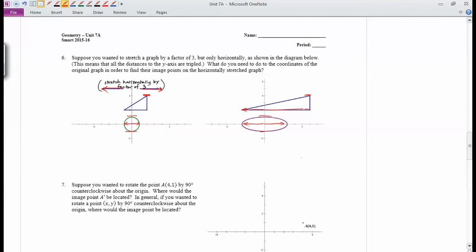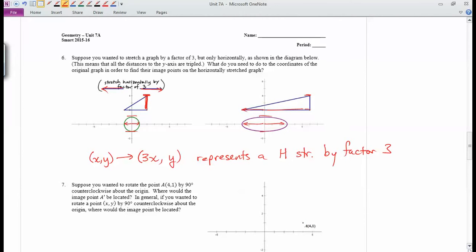So really when you want to stretch something out just in the horizontal direction, the only thing that's going to change are your x values. The y's stay the same. So I'm going to make all my x's 3 times as big, and all my y's I'll keep the same. So this represents a horizontal stretch by factor 3.